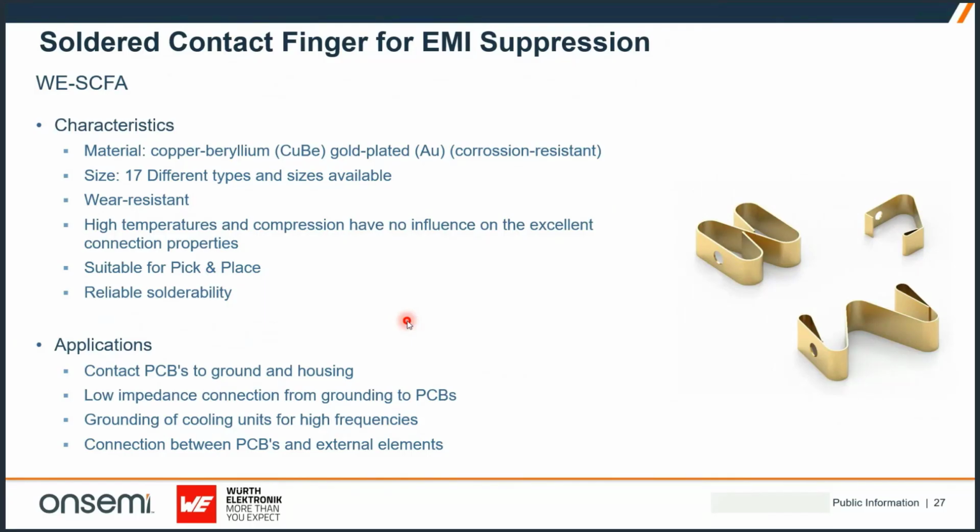These are gold-plated, so they are corrosion resistant. And also by applying pressure or temperature, there will be no influence on the characteristics of these contact fingers. They are suitable for pick and place, so they can be placed with all the other components that are being assembled on the PCB.